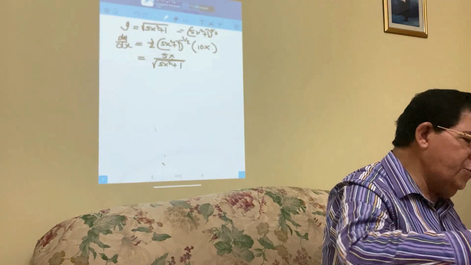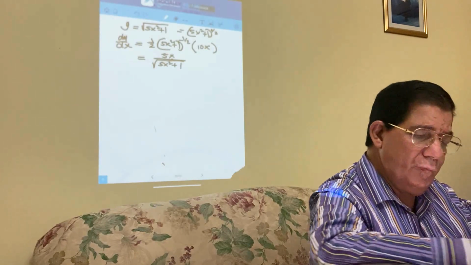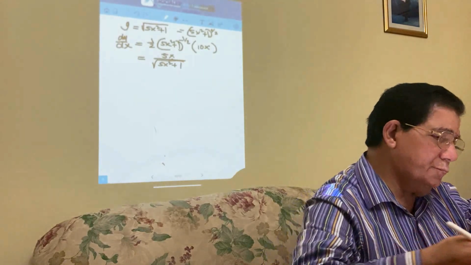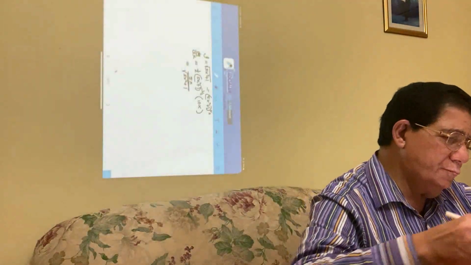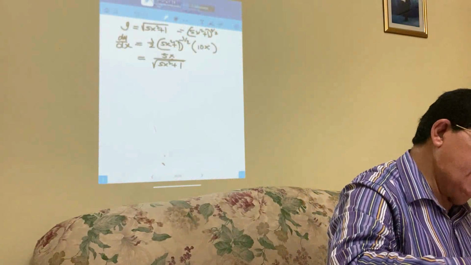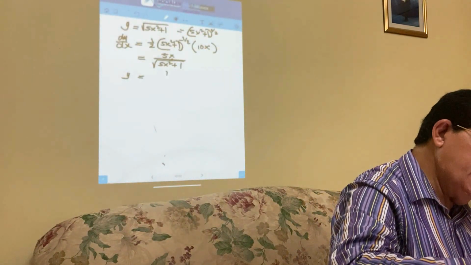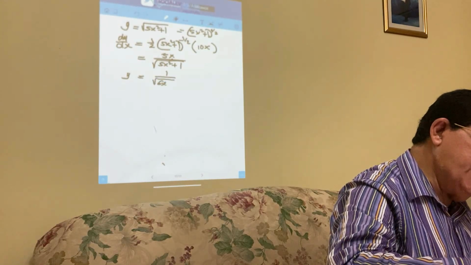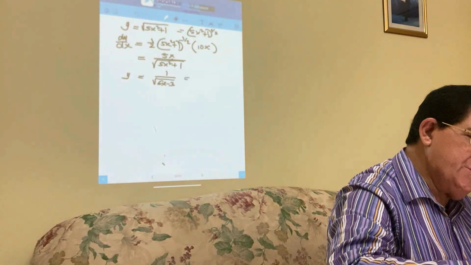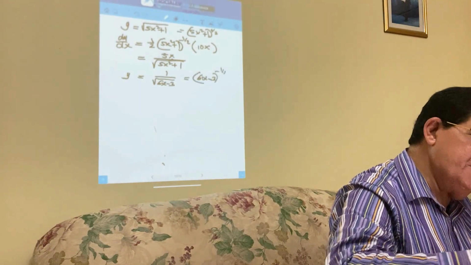We can have another problem like y equal 1 over root 6x minus 3, which means 6x minus 3 power negative half.